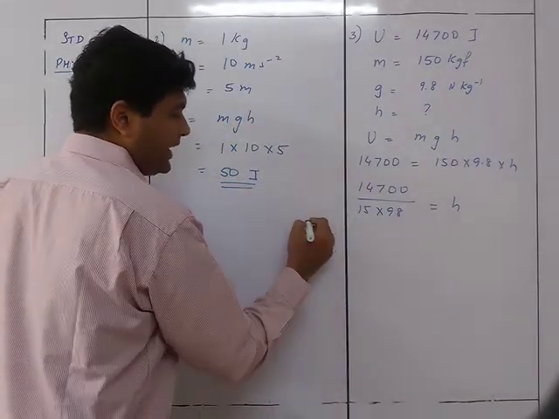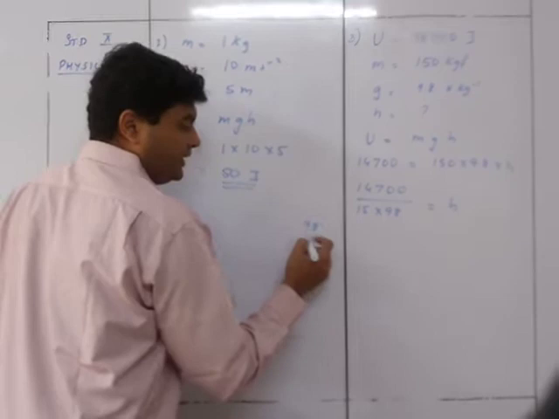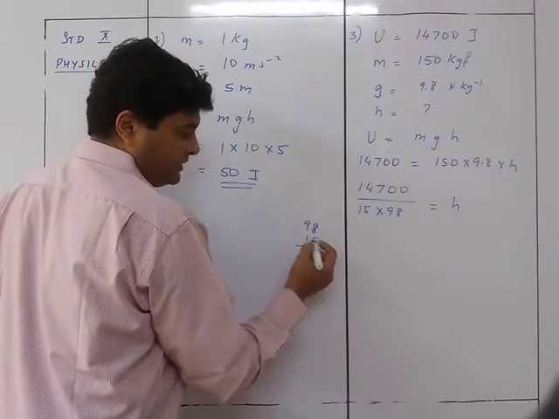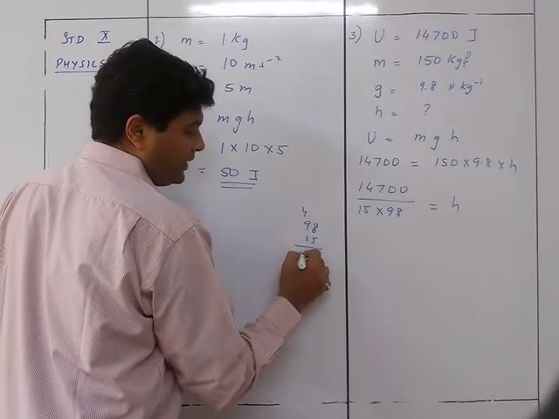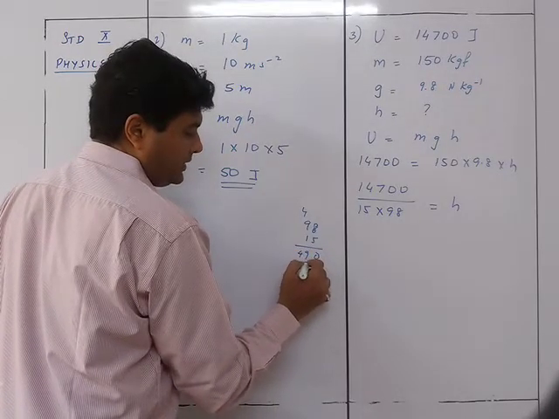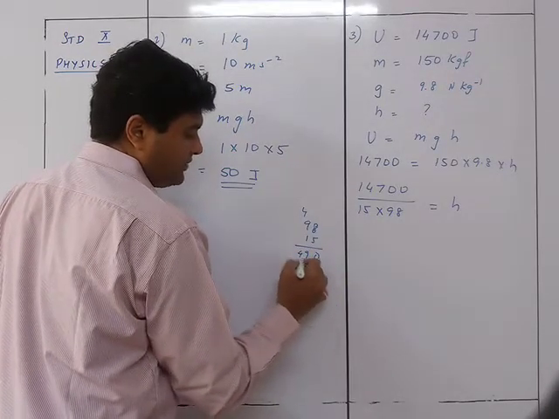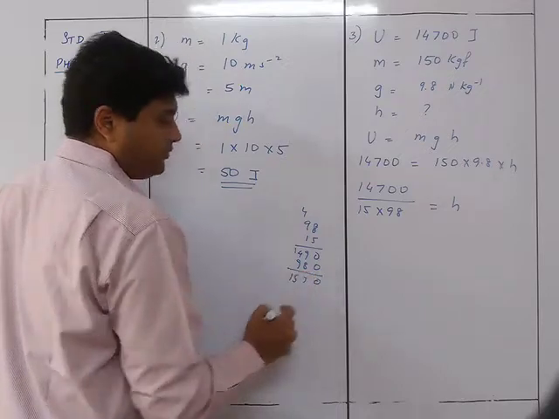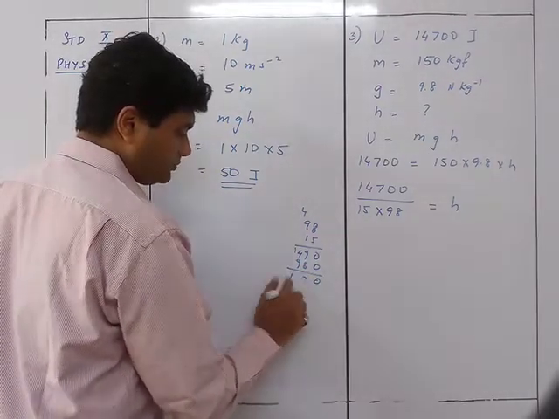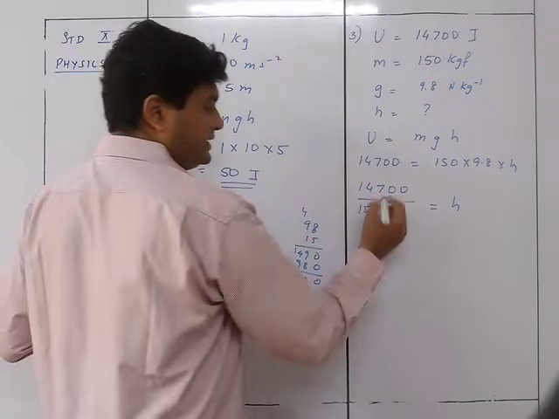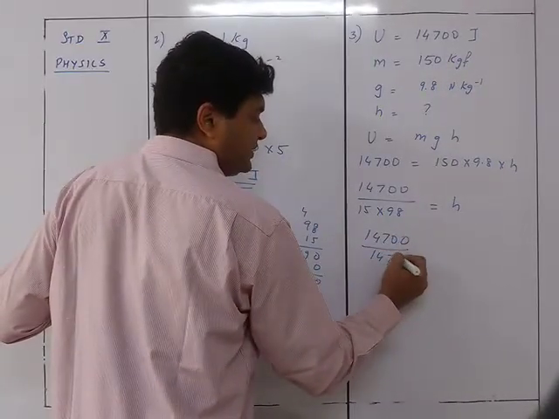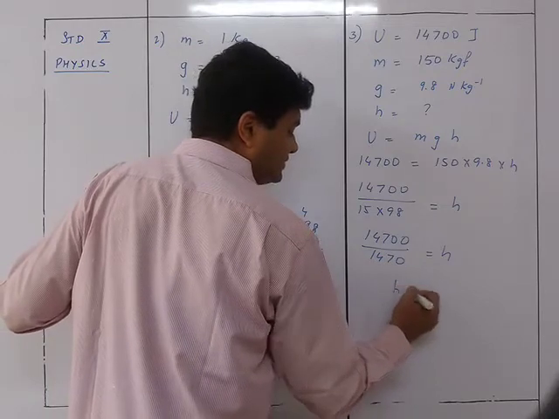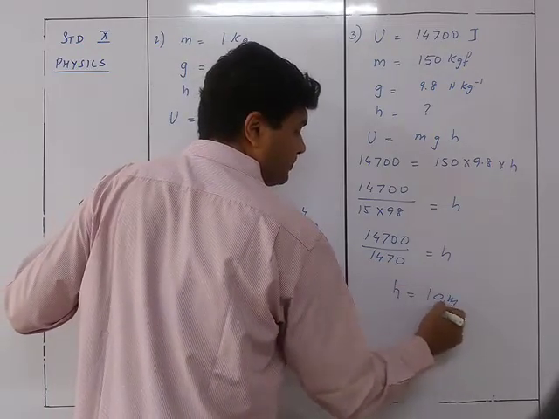You can just check it. 98 into 15 is 1470. So this is nothing but 14700 upon 1470 is equal to h. Therefore, h is equal to 10 meters.